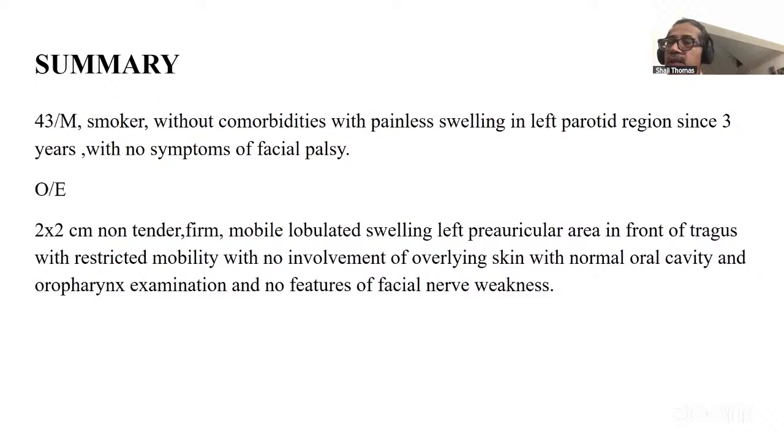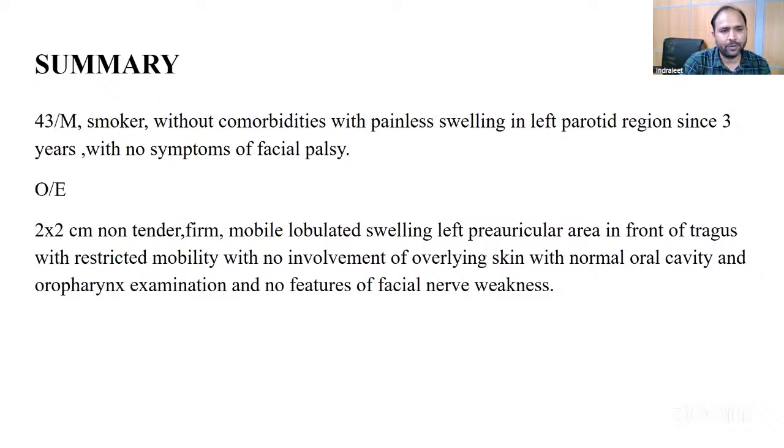Yes, Indrajit, anything else? How will you proceed further? Sir, in this patient I'll proceed further with an ultrasound of the bilateral parotid region and neck, sir, which is usually the first investigation, and an ultrasound guided FNAC will be done, sir.